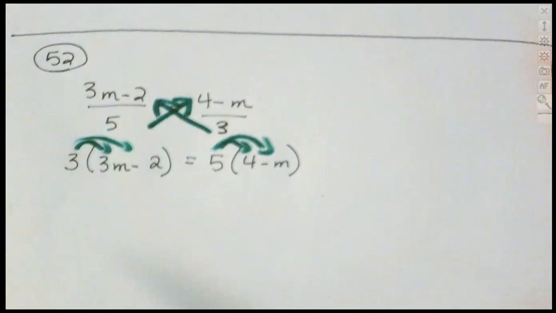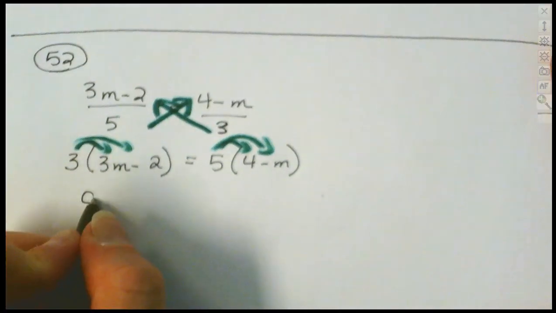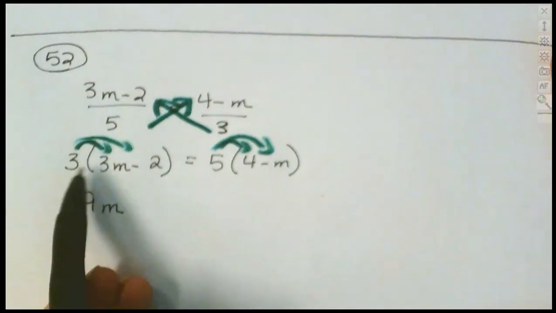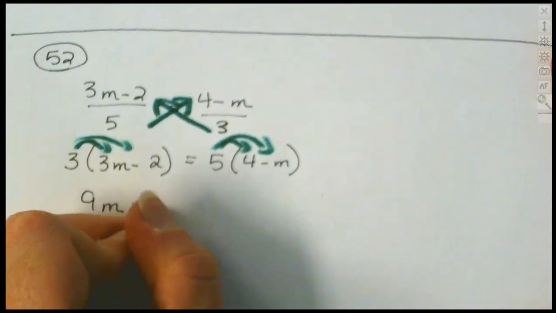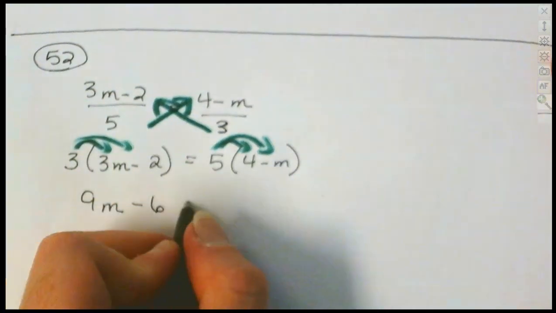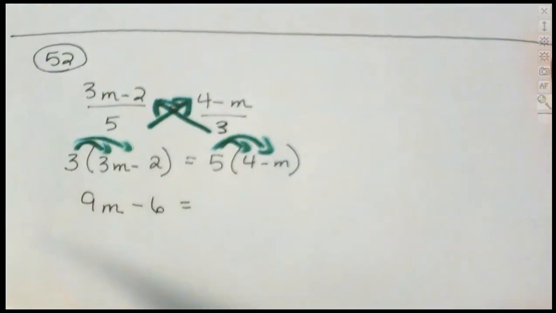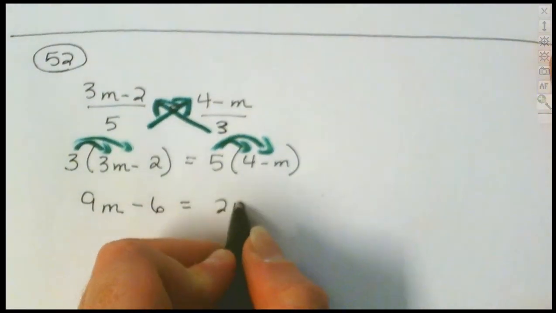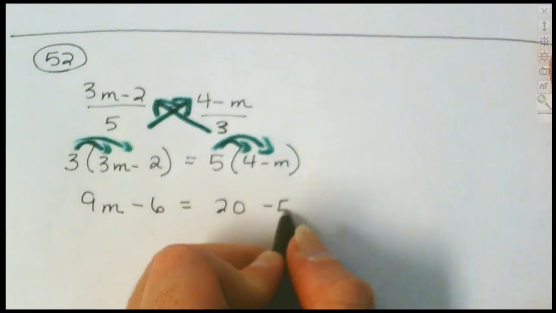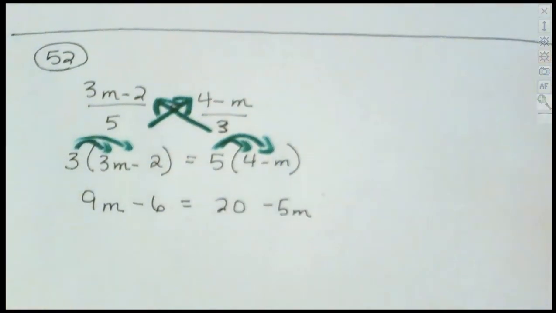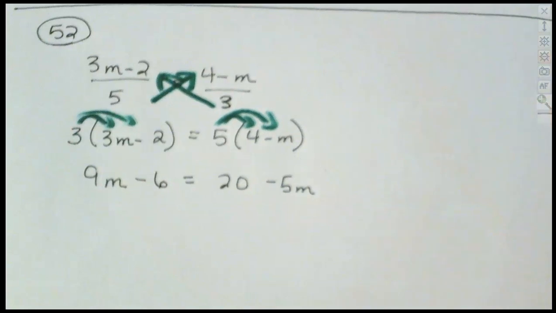And 3 times 3m makes it 9m. 3 times a negative 2, well, that makes that a negative 6. Bring down our equal sign. 5 times 4, that makes it 20, minus 5m. Okay, so that's what we've got there.